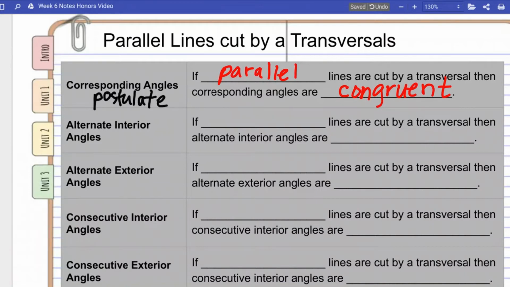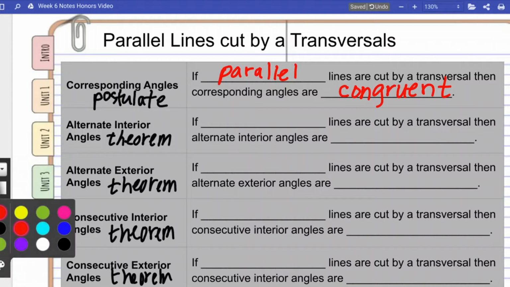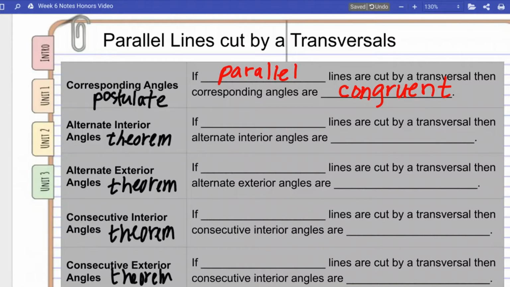Well, after he came up with this postulate, he came up with a bunch of theorems or theories. What did he have to do to these theorems? He had to prove that all of these theorems were true. So the first theorem I want to look at is called the alternate interior angle theorem.